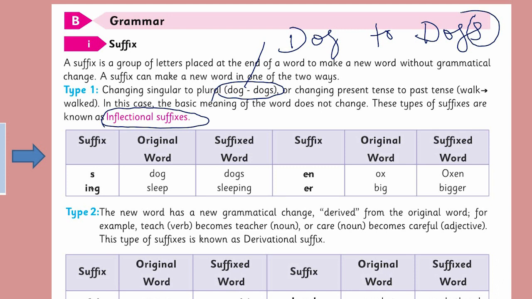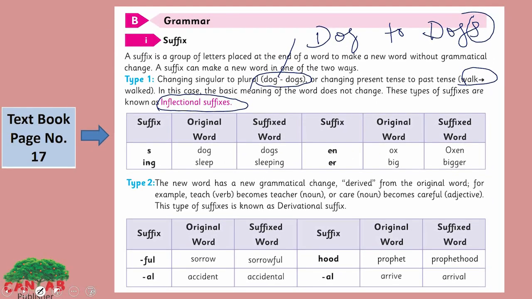Or take an example of verb here, walk, simply a present tense, like something is happening right now. Walk is a verb, is an action. We have learned about the noun and the verb in the previous lesson too. Walk is an action, and when we add ed at the end, it indicates that something happened in the past.